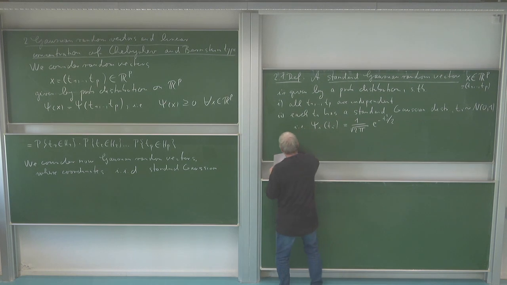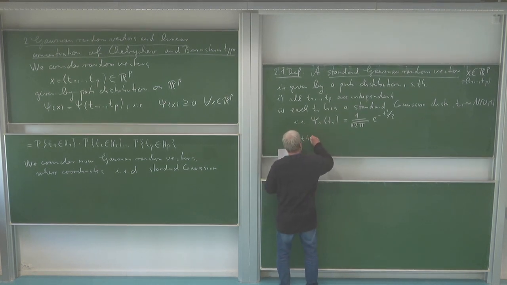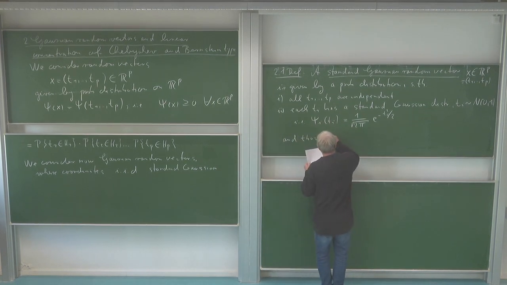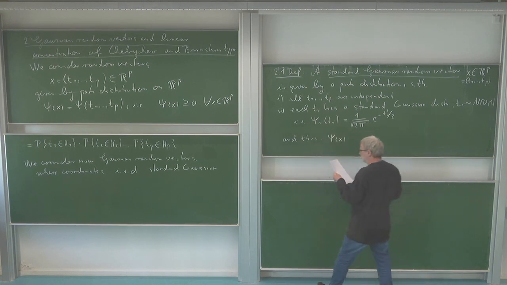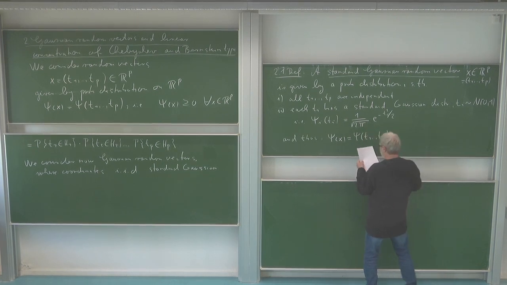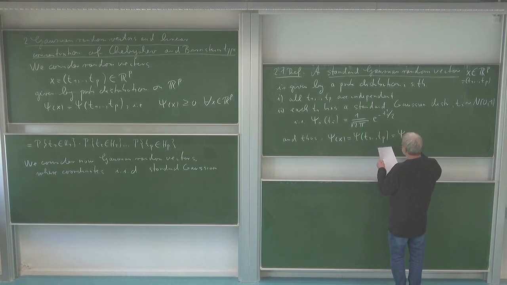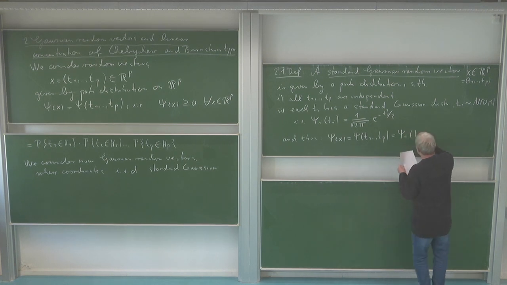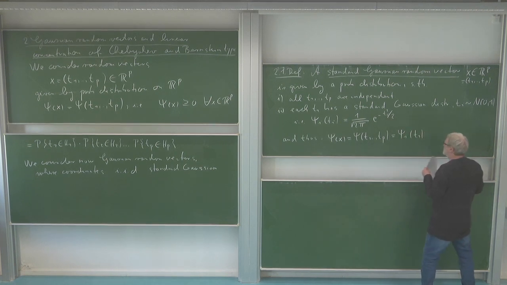Okay, so what we get is thus that the distribution for my random vector, which is the density for all the p coordinates, is just the product of the density for the first coordinate times the density for the second, and so on, up to the density for the last one.